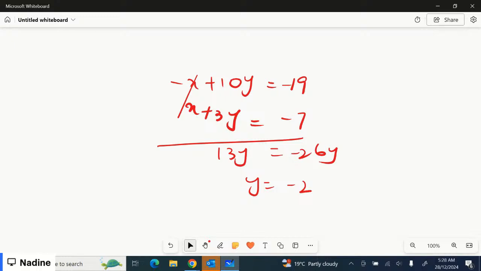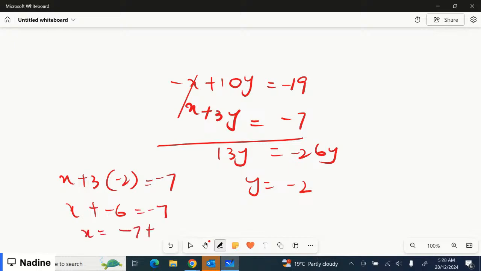Now you can substitute y equals negative 2 in any of the equations and calculate the value of x. So that is x plus 3 times negative 2 equals negative 7. x plus negative 6 is negative 7. x equals negative 7 plus 6.